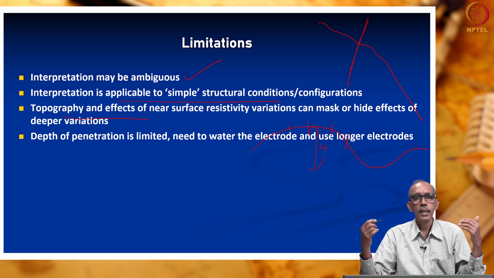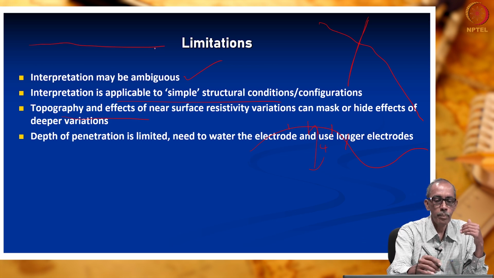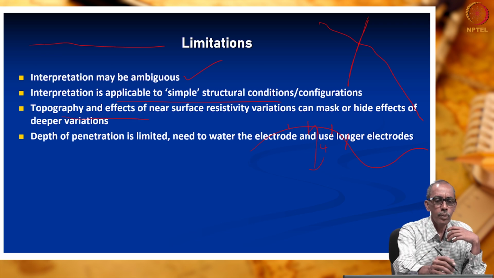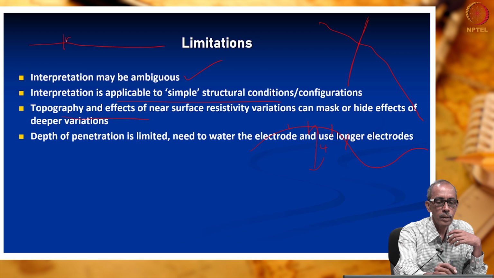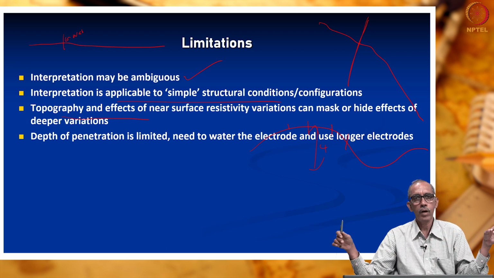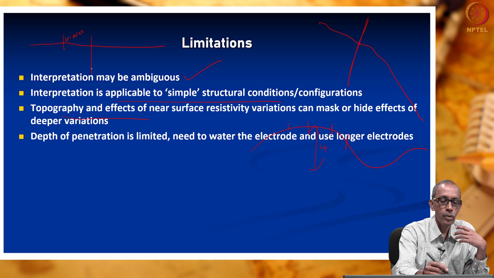Sometimes we need to water the electrodes. When we conduct a survey on the beach, the resistivity of the upper layer is very high, so current won't be able to pass. So, we may need to add some water at all 4 electrodes to make the current pass through, or we may need to use long electrodes.